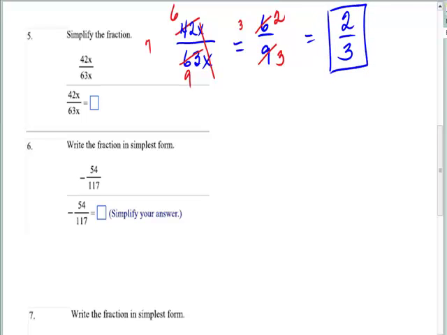What that means is I divided by a 7, then I divided by a 3. The greatest common factor, which I did not see to start with, was 21. 7 times 3. 21 went into 42 2 times. 21 went into 63 3 times. The x is still divided out. You might have chosen prime factors instead.